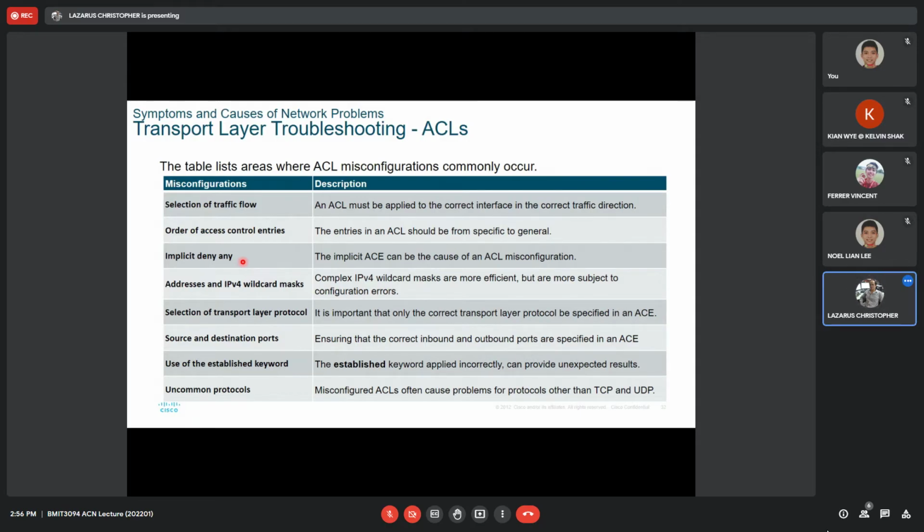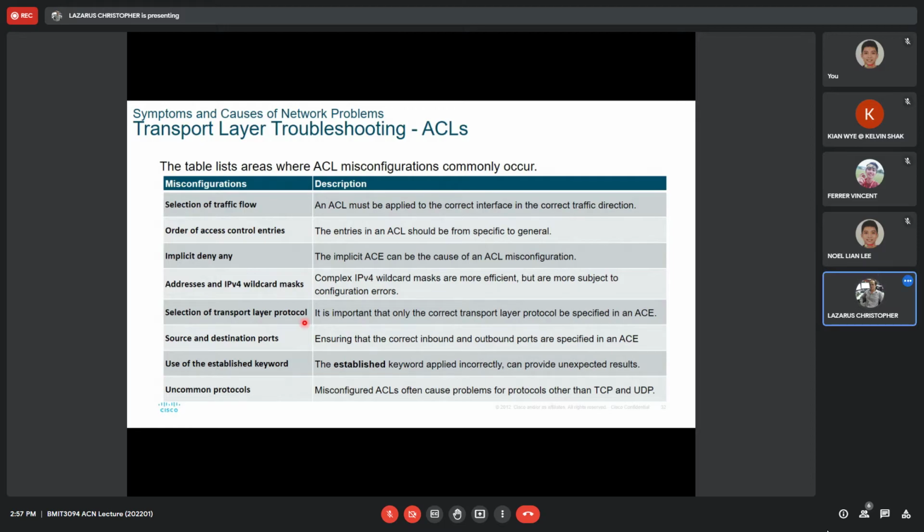Then wildcards. If you make a wrong wildcard or type the wrong address, remember that the wildcard is dependent on the subnet mask. If you accidentally calculate or provide the wrong subnet mask or address, it causes errors as well. Or maybe you select the incorrect transport layer protocol. Maybe instead of TCP you put UDP, or UDP instead of TCP, which is also a problem.